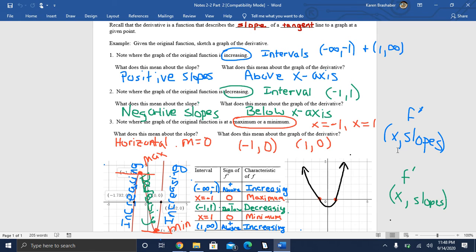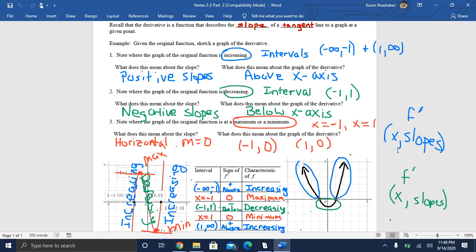But what's following is that these two sections that are above the x-axis are where your original graph was increasing, and this section where your original graph was decreasing is where you are taking the derivative below the x-axis, and that's what you want to be focused on.